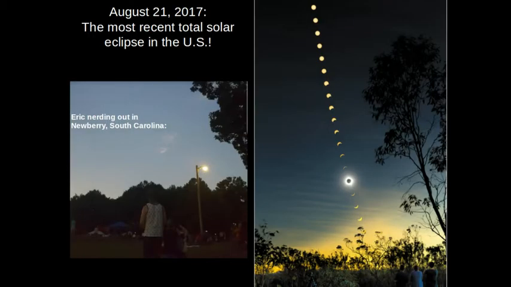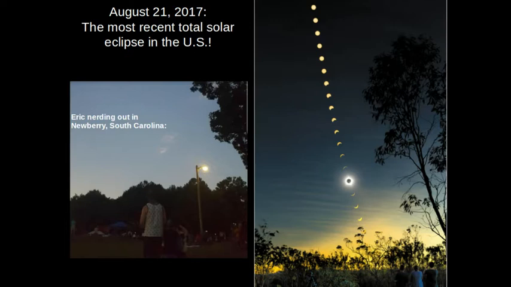So I actually did get to experience the last total solar eclipse in 2017. It was in August. We didn't have any school, so I was able to drive down to South Carolina, which is one of the places you had to be in that umbra, that inner dark shadow, to see a perfect total solar eclipse. It was one of the best things I ever experienced.